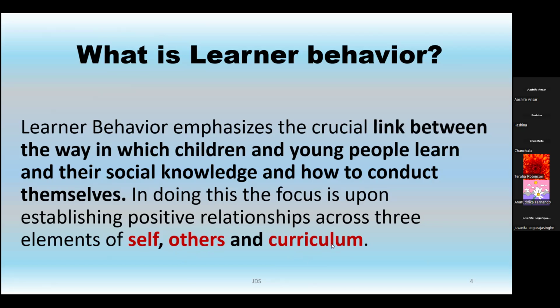Through education, their behavior gets shaped, right? So these are the three important factors that tend to shape the behavior of a person, right? So even if one of these are not properly handled, definitely that will have a negative impact on learner behavior.